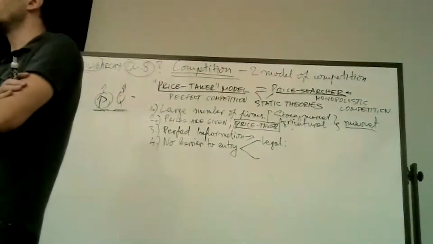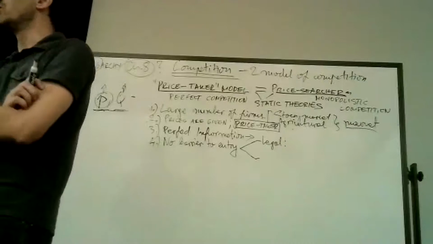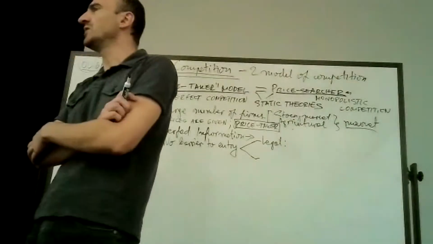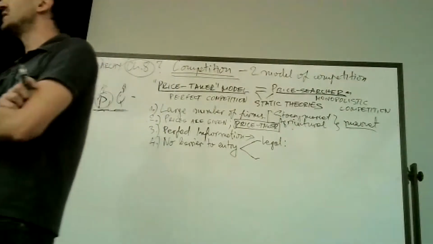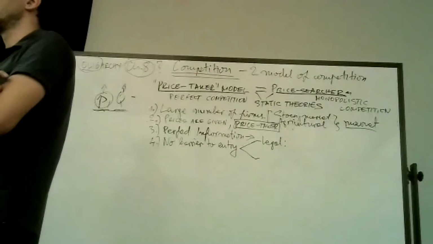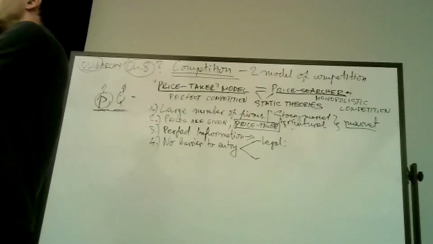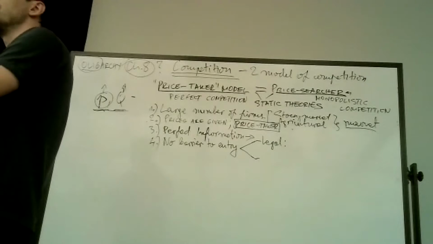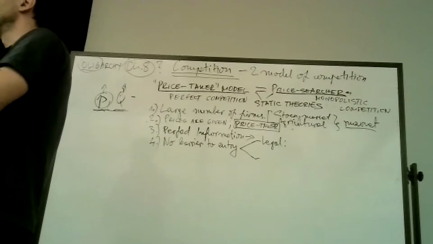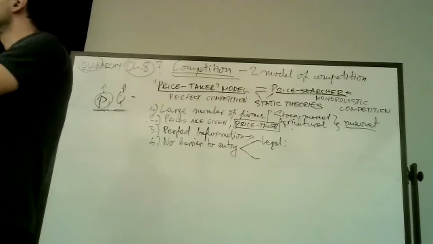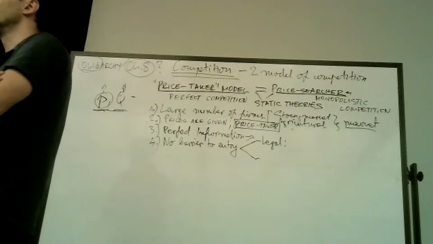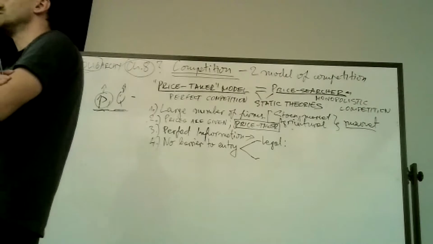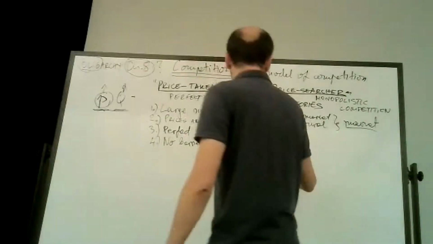Imagine, for example, that I want to start a certain business, but there are very onerous regulations that require me to install very expensive equipment. I can produce a good by using simpler and cheaper equipment, but the government mandates that I install very expensive equipment. This increases, in a legal fashion, my costs of doing business. Barriers to entry. So legal barriers.